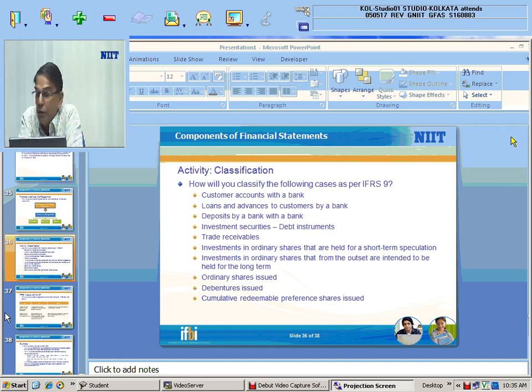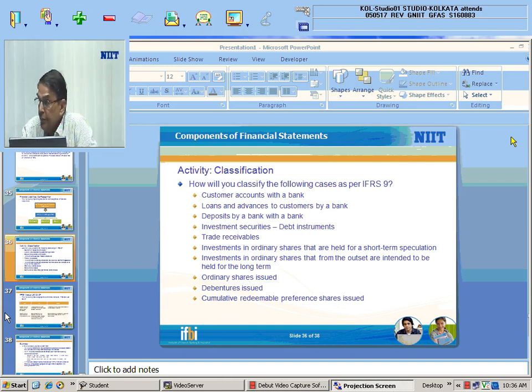And how are these classified? The investment securities, debt instruments are basically again financial assets measured at amortized cost.